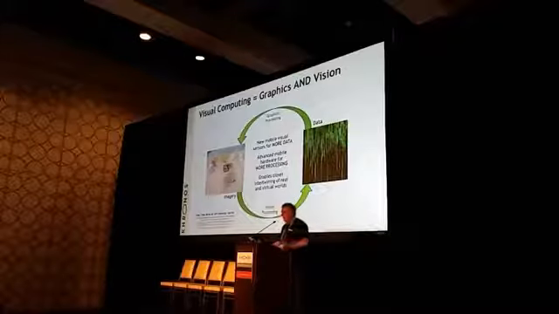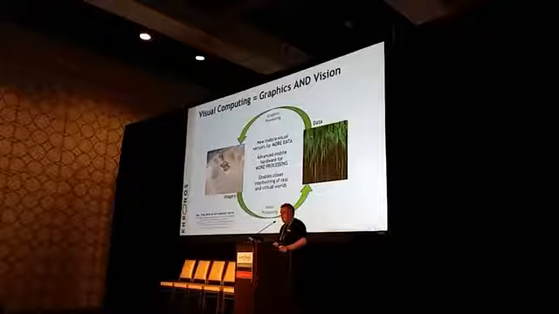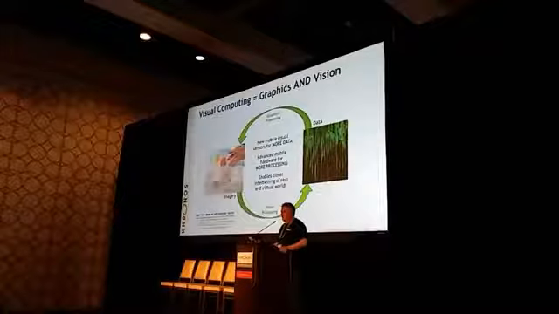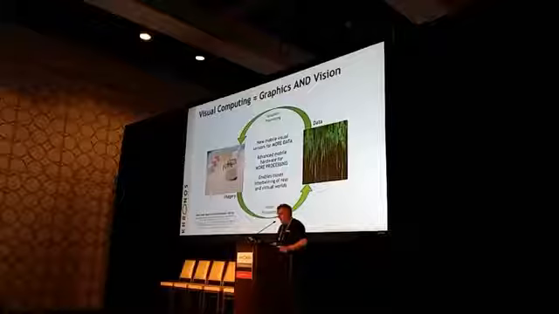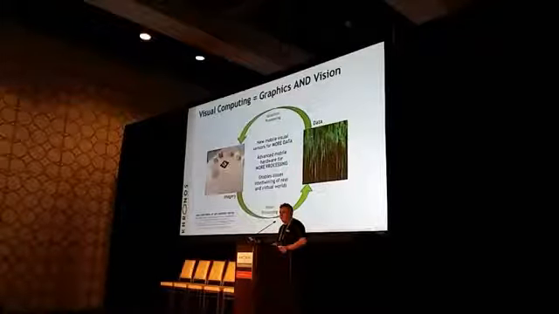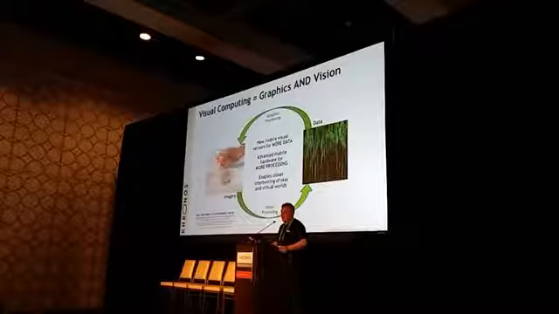And vision processing is becoming more important for SIGGRAPH because it's a part of the visual computing loop. In SIGGRAPH we're focusing mainly on the graphics process, which is taking data and turning it into pixels. But vision processing is the opposite. It's taking pixels from a sensor, a camera sensor, and turning it into understanding and data that the application can use.